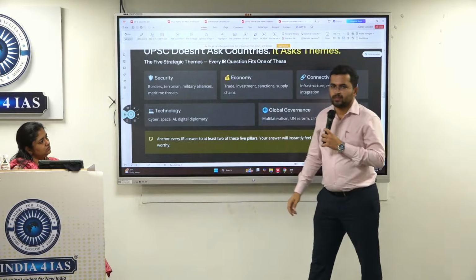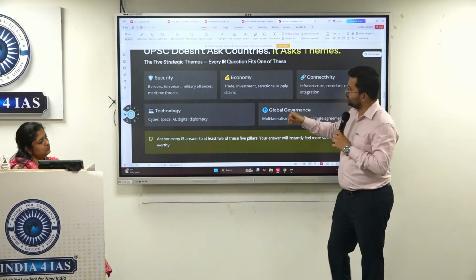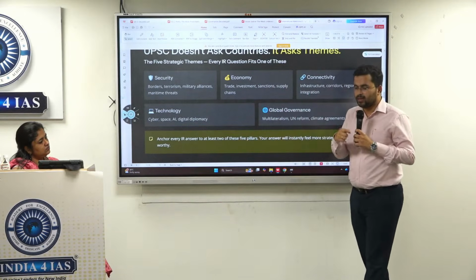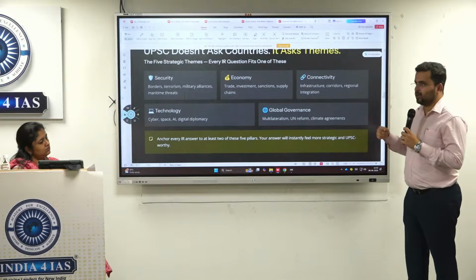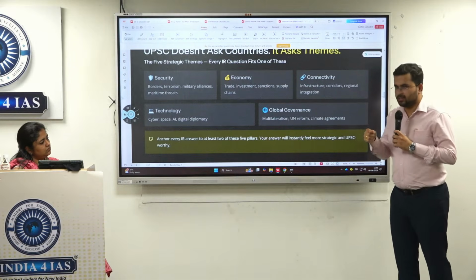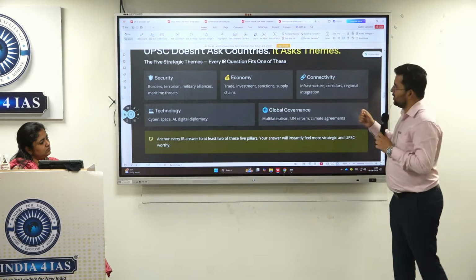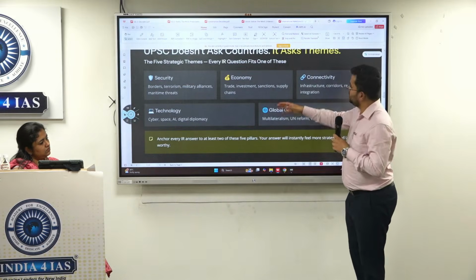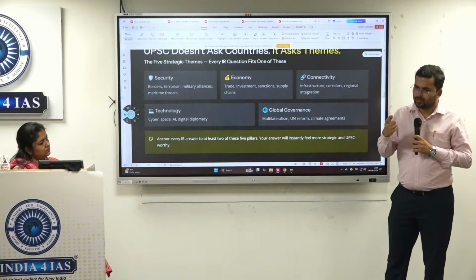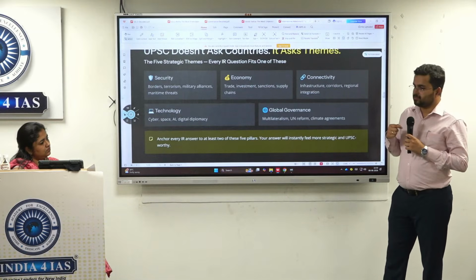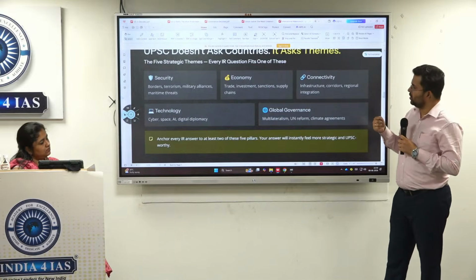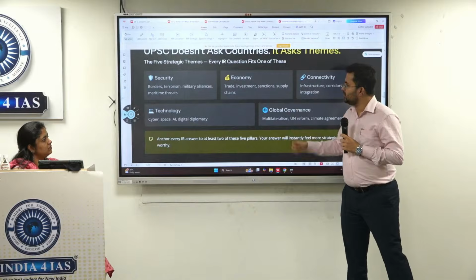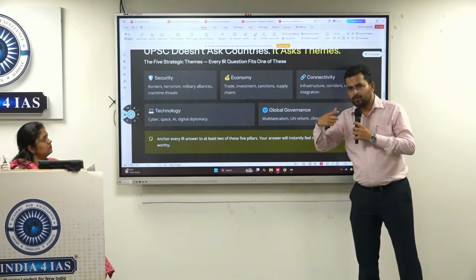Security framework: think of India-US and security, the foundational military agreements that were signed, like COMCASA, etc., the Quad, etc. Economy: talk about sanctions and alternative supply chain frameworks.